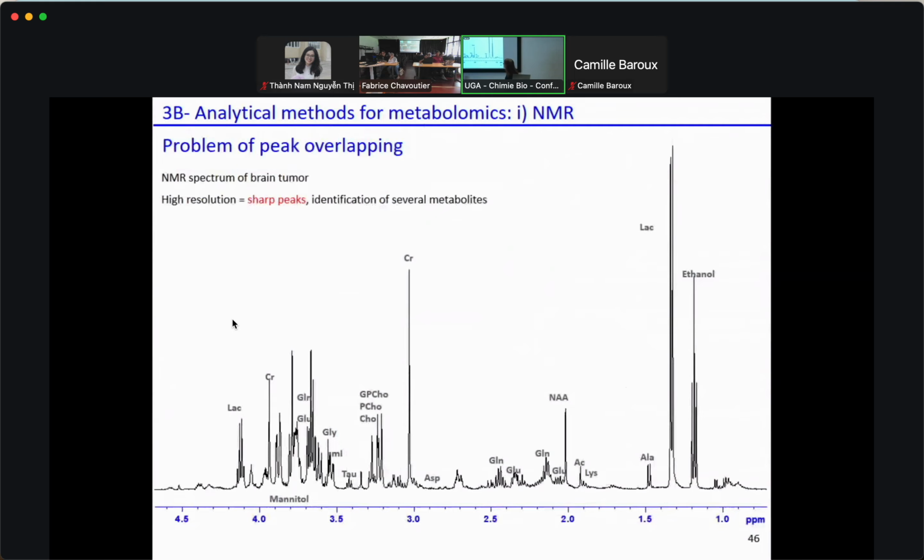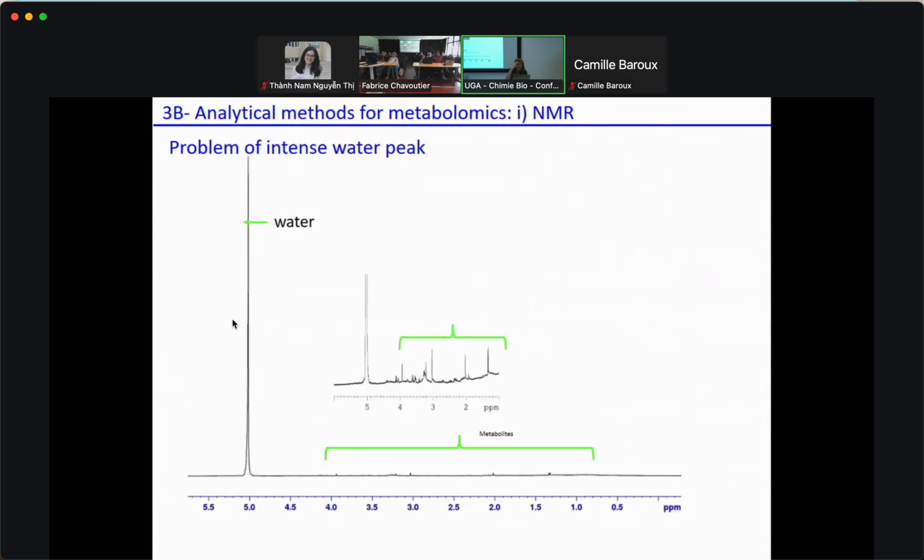This is a proton NMR spectrum of brain tumor, where you can see a big lactate peak. Another problem is the overlapping of a lot of peaks, and water. The water signal is very, very intense compared to the millimolar, micromolar range of the metabolites. So we have tools to avoid that.